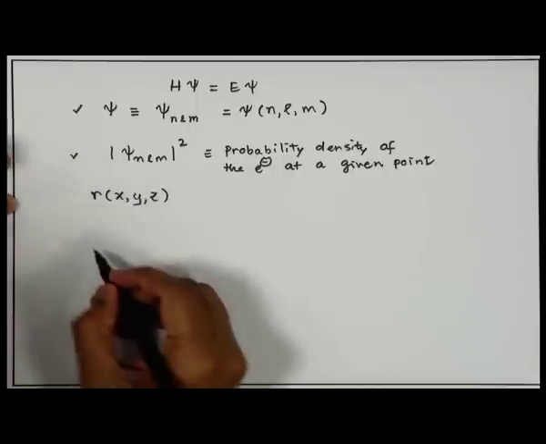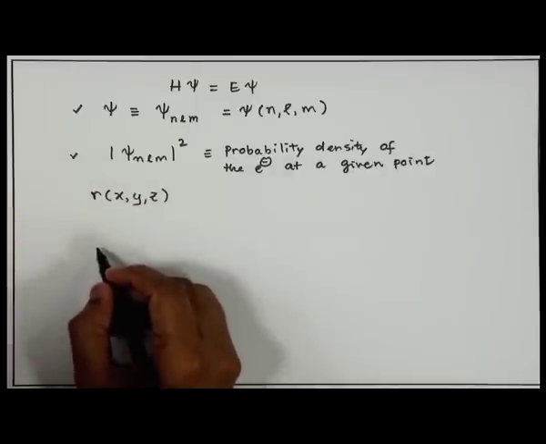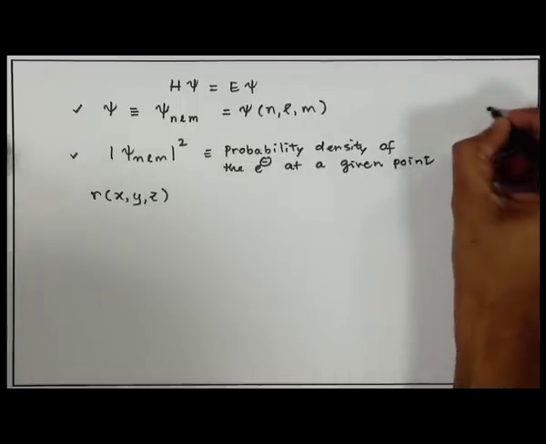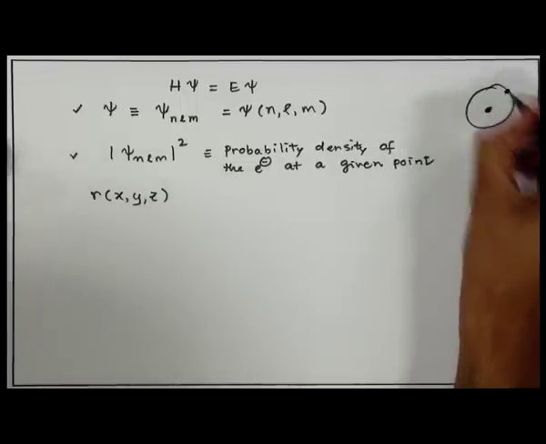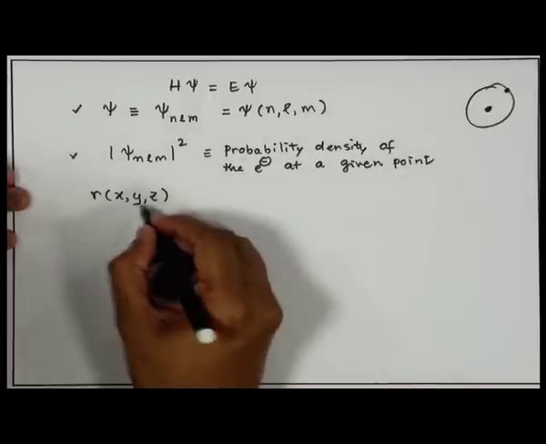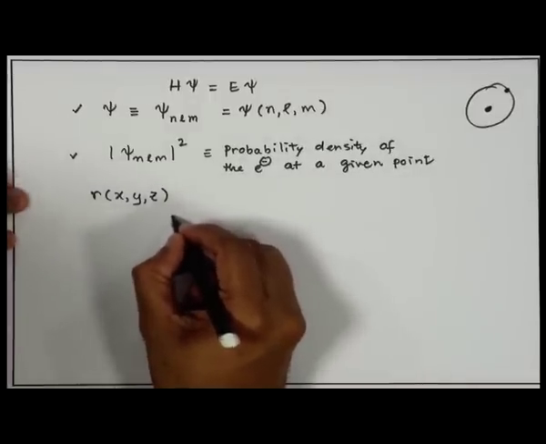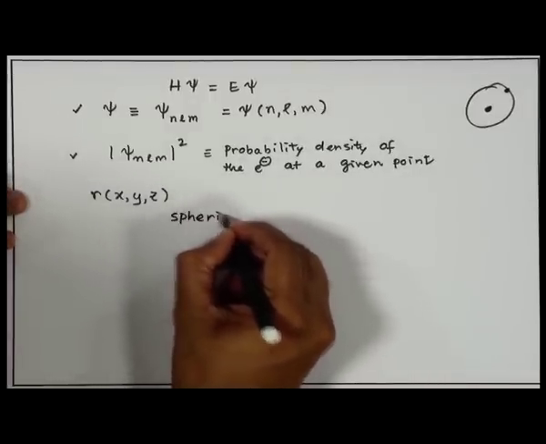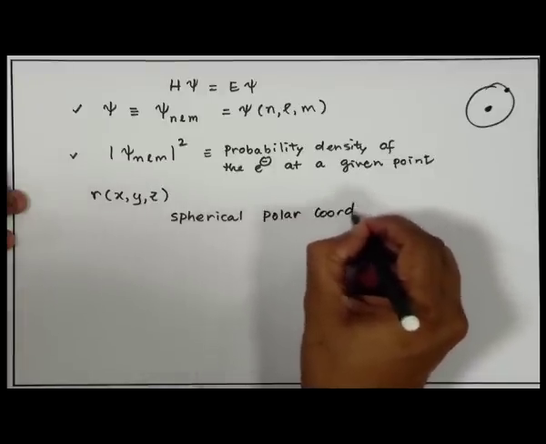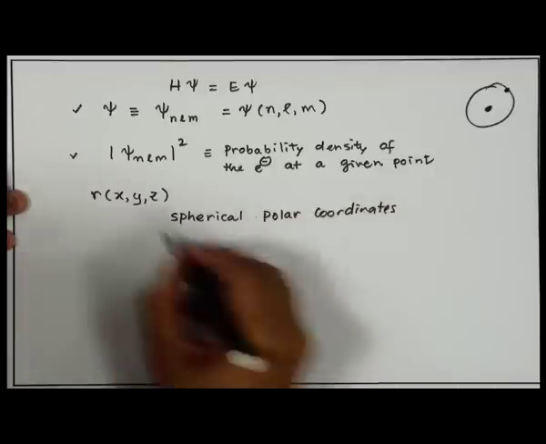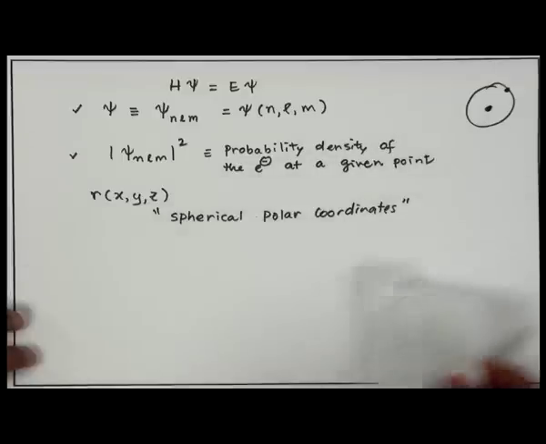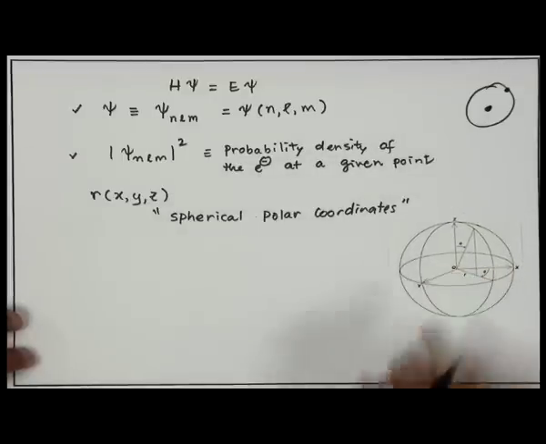This is given in Cartesian coordinates. Equivalently, since the electron actually goes around the nucleus in a circular path, it turned out that if we use another coordinate system instead of Cartesian, the spherical polar coordinates, then the solution of the hydrogen atom problem becomes easier, and this is what I show you here.